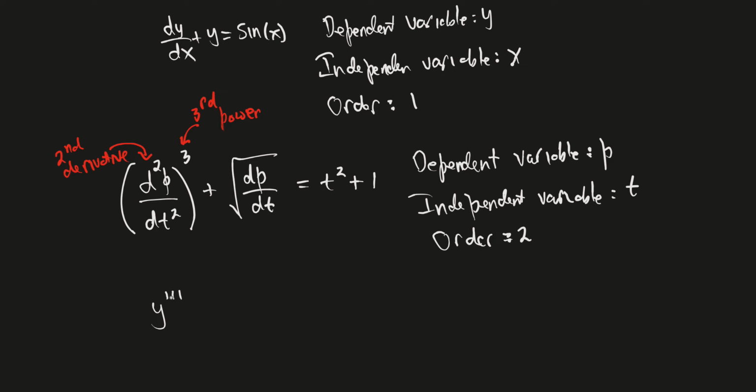Because this is saying we're differentiating y 3 times, but I don't see with respect to anything else. So let's say this is all you see, and that's equal to 0. It's hard to tell. We would have to make an assumption, and it wouldn't be unreasonable to assume that the independent variable is x.